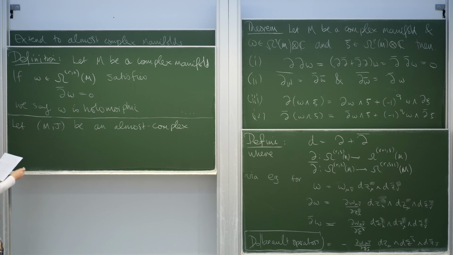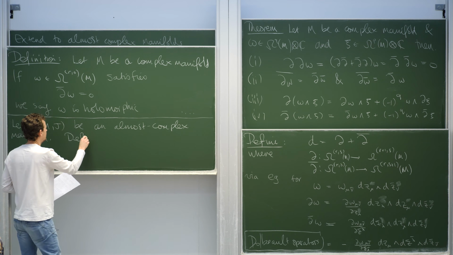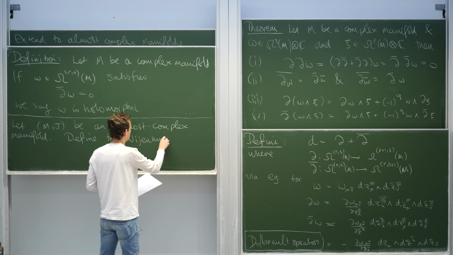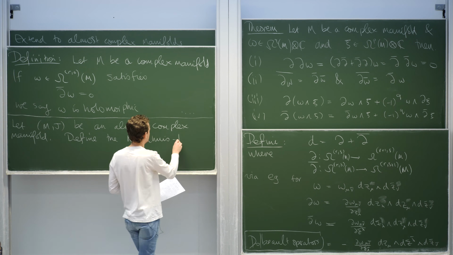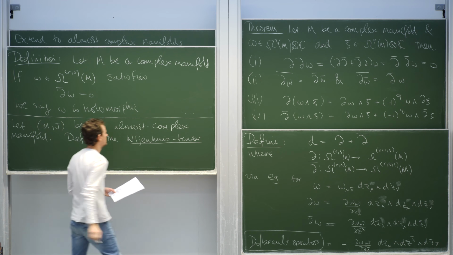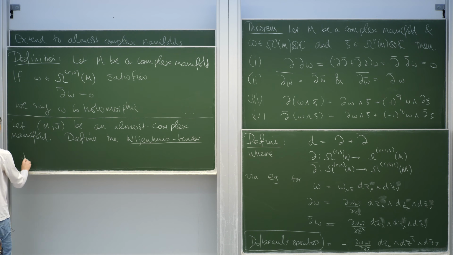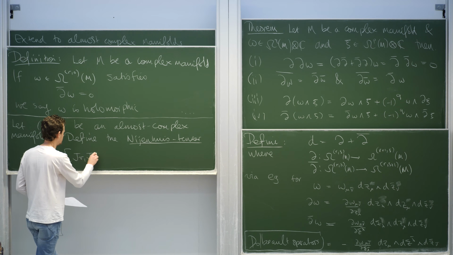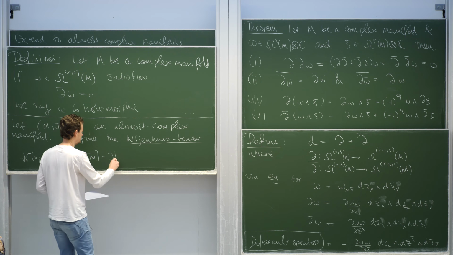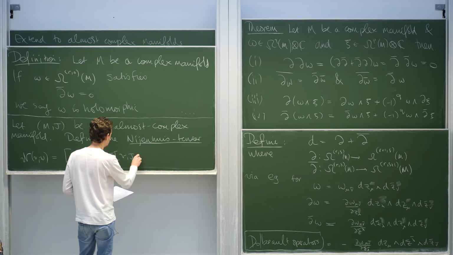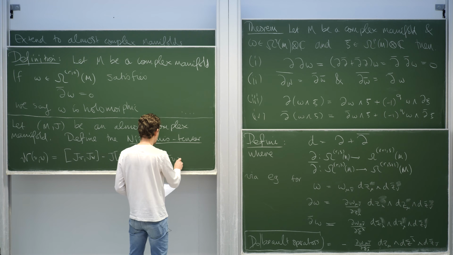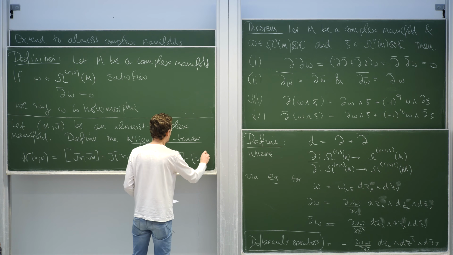So suppose we have an almost complex manifold. We're going to define a special tensor, the Nijenhuis tensor, which will turn out to play an important role in whether or not an almost complex manifold is complex or not.